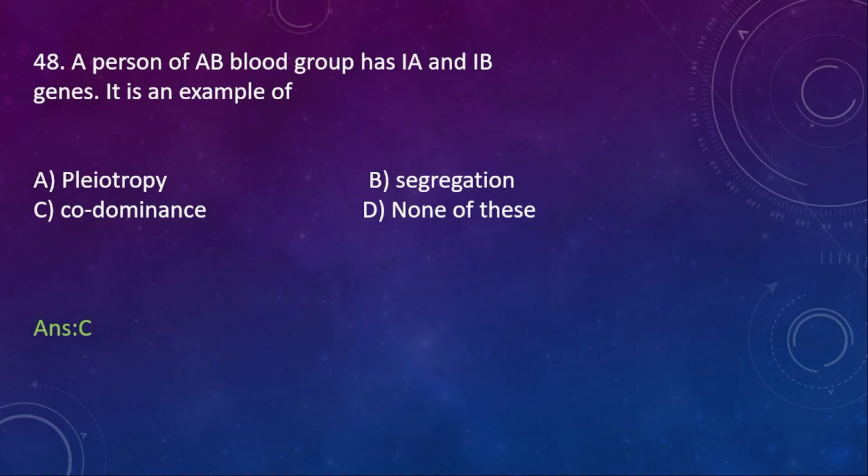What it actually means is a genetic scenario where two different alleles of a gene are both fully expressed in the phenotype of the heterozygous individual, and neither allele masks the other one. So here the right option is option C.